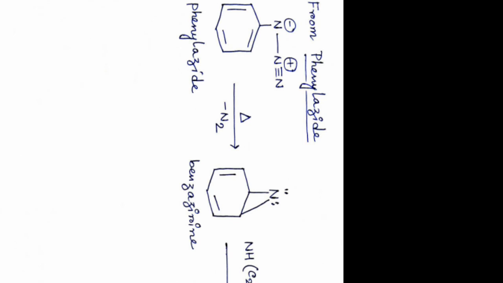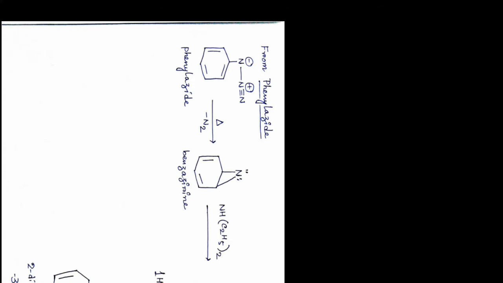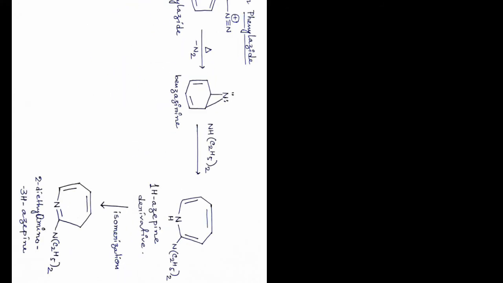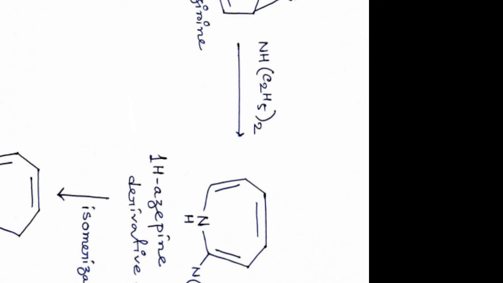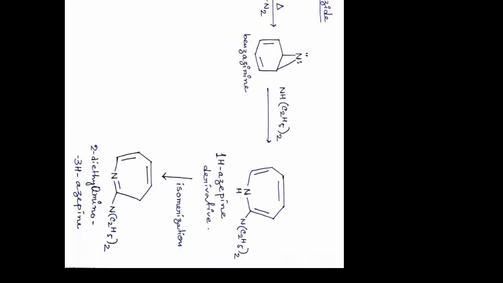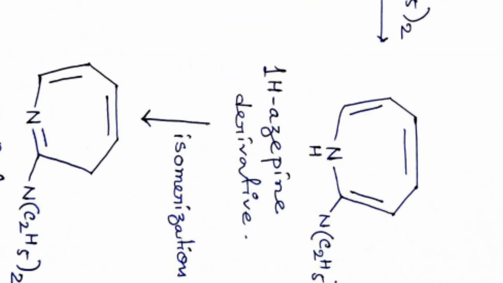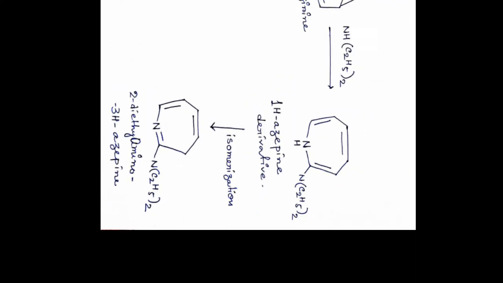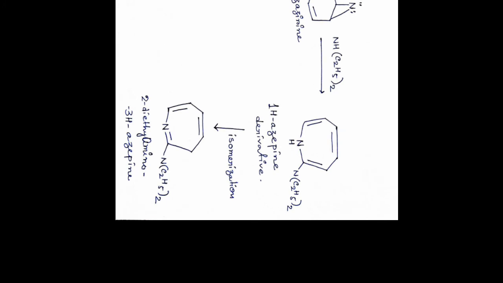The structure of the azepine represents the 3H. Now this one is your 1H azepine, that means this is the 1H tautomer, and the second is your 3H tautomer. Now this is all about the synthesis of azepines from phenylazide.